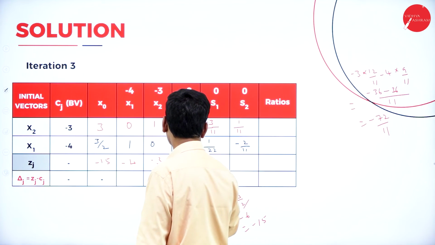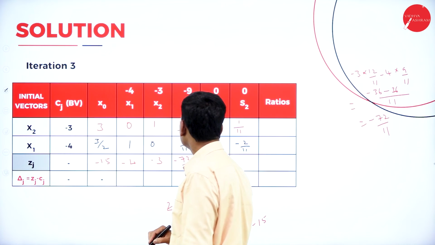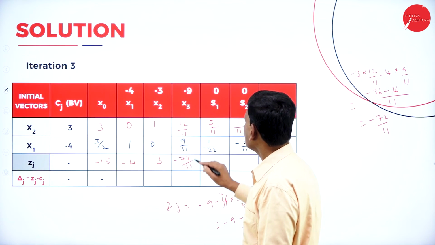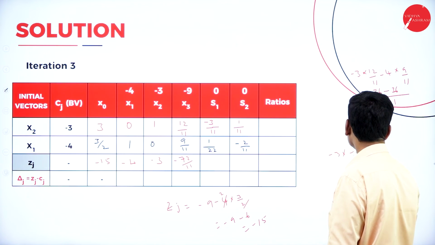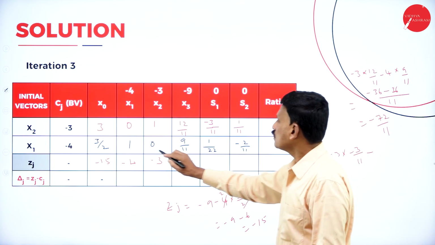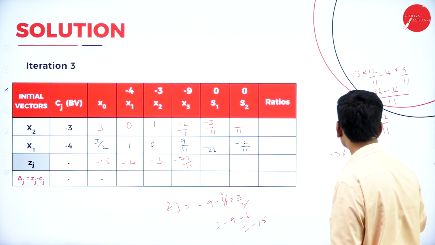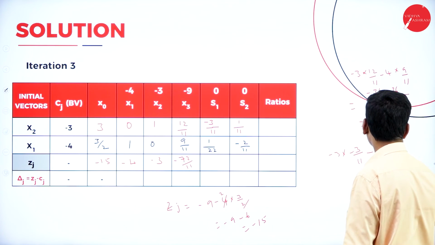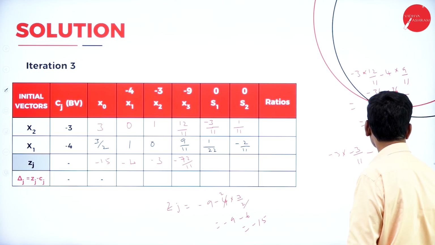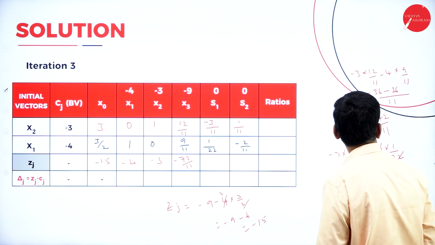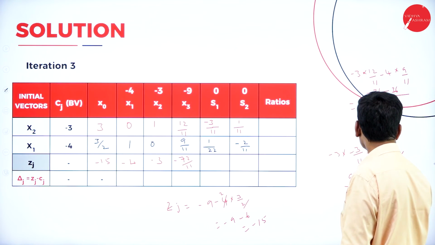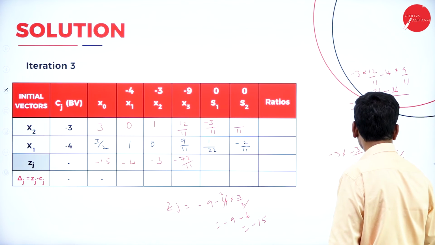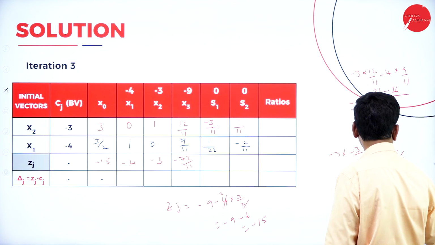Next, minus 3 into minus 3 by 11 plus minus 4 into 1 by 22. So this is 2 1s are 2, 2 2s are 2 11s are 22. So take LCM, 11 is LCM, minus into minus plus 9 minus 2, this is equal to 7 by 11.